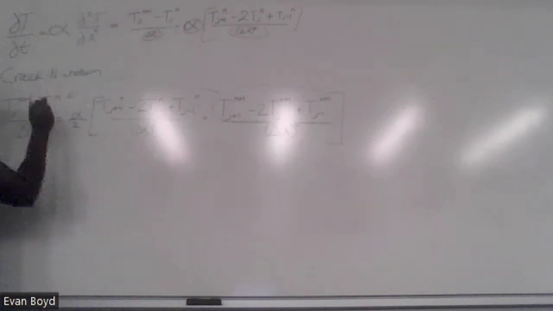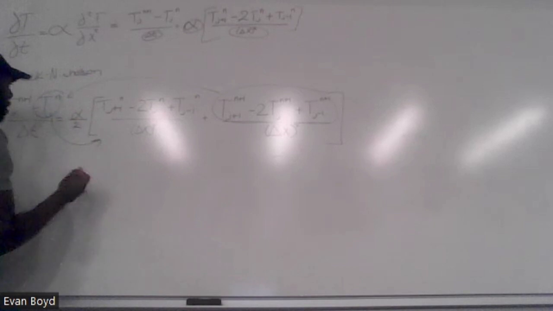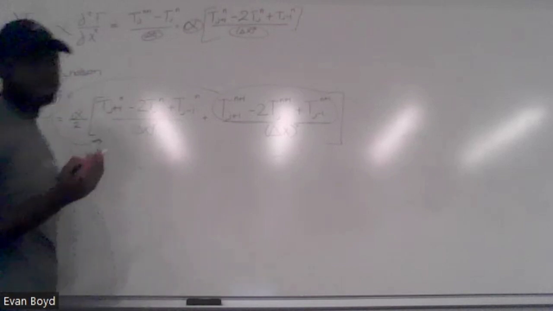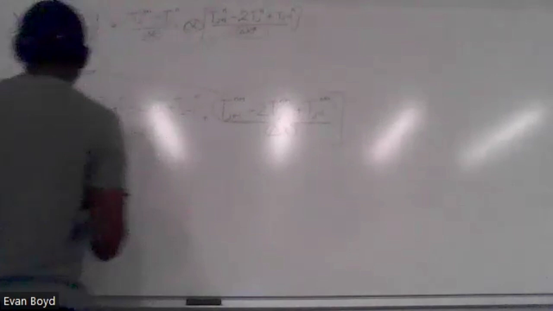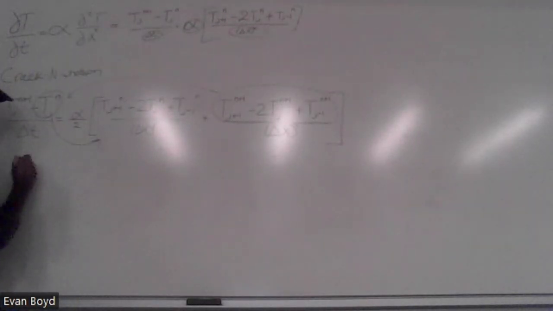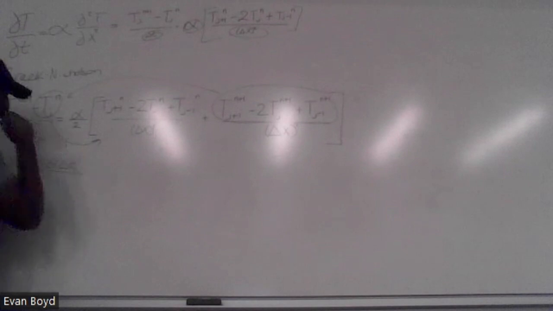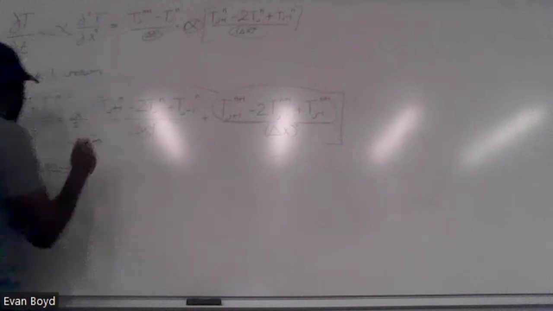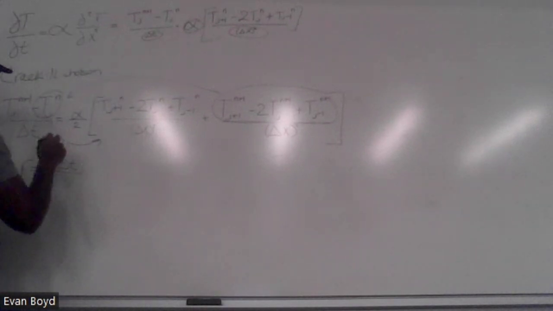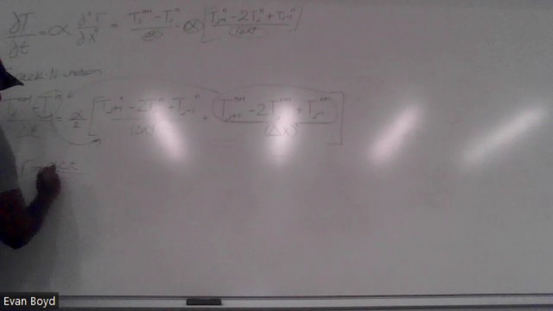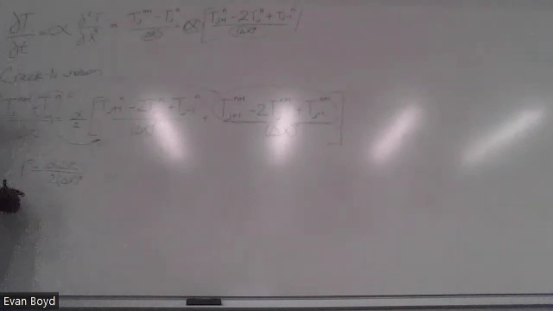We will take the T at position J at n and move it to the right-hand side, and then we will use the R, like I said earlier, and we're going to make R equal to alpha times our difference in time, like we did last time we incorporated R. But this time, we will add 2 times the distance of the blocks squared, okay? This is our new R.